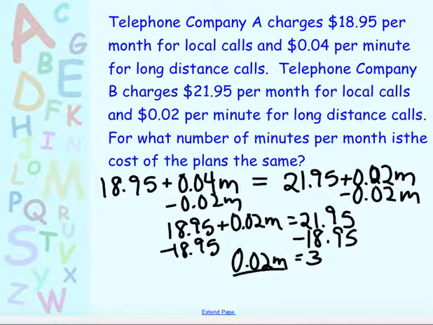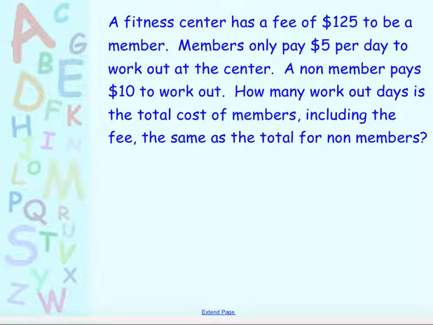When I divide by 0.02, okay, and do that division, I get m is equal to 150. What this means is, regardless of the plan, if you use 150 minutes of long distance, they are going to cost the same. Similarly, let's look at one more example of this.